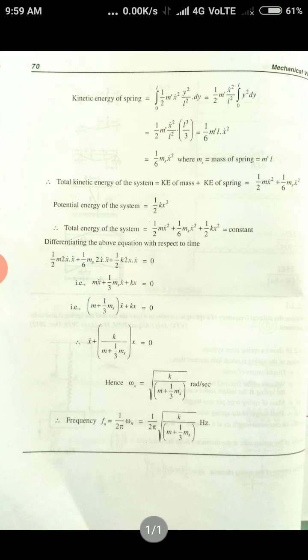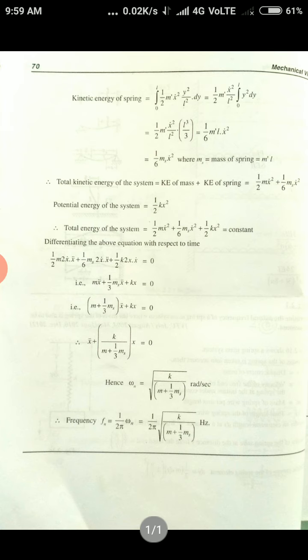So this is one of the very important derivations, asked almost every year if you refer to the question papers. That's why it is a very important derivation. What we have as the major difference, you can see here, is that the kinetic energy of the spring has been considered. So very easy, just go through this derivation.